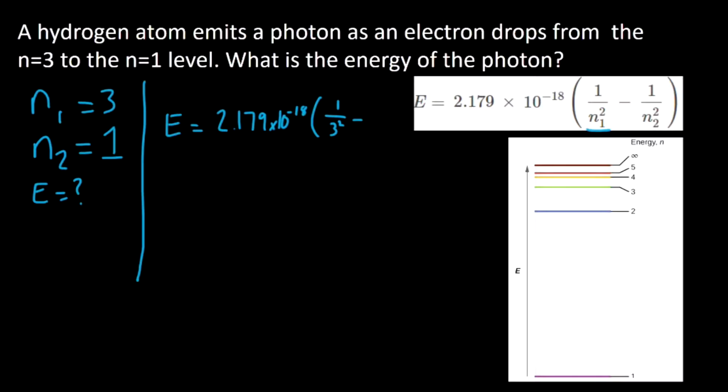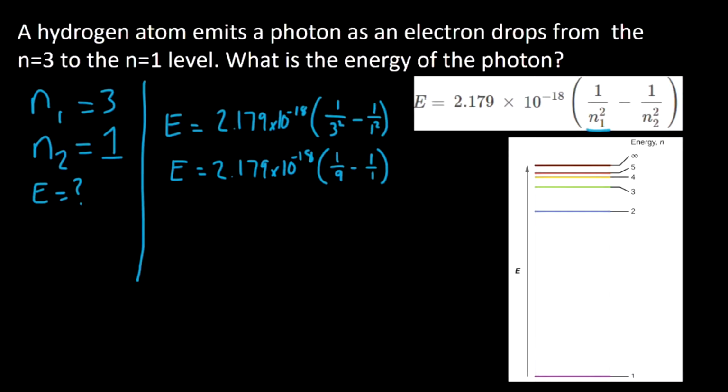And then I subtract from that 1 over 1 squared. Let me simplify that just a little bit. Energy equals 2.179 times 10 to the minus 18. And then 1 over 3 squared is 1 over 9 minus 1 over 1 squared, which is just 1 over 1. Okay, so what's 1/9 minus 1?